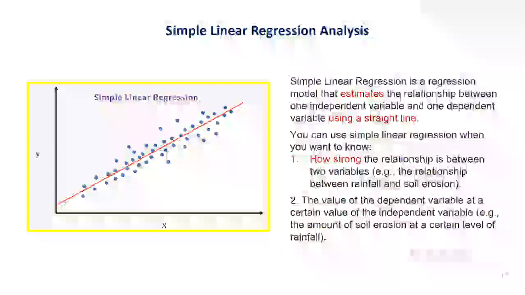Okay. And a regression is something which typically captures how strong two variables are related: the value of the dependent variable at a certain value of the independent variable, for example, the amount of soil erosion at a certain level of rainfall.